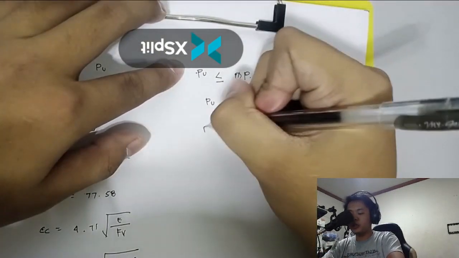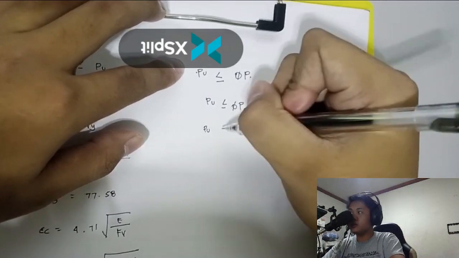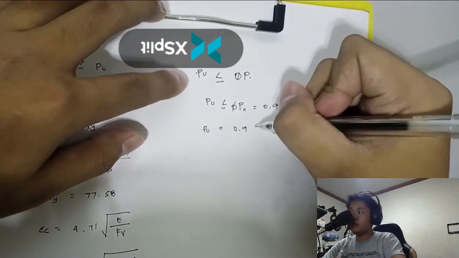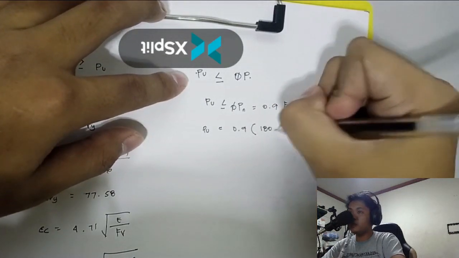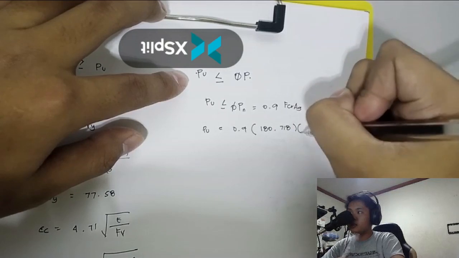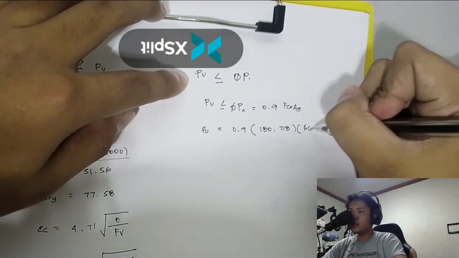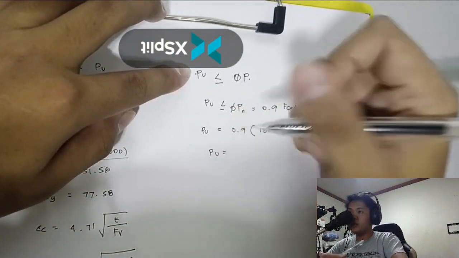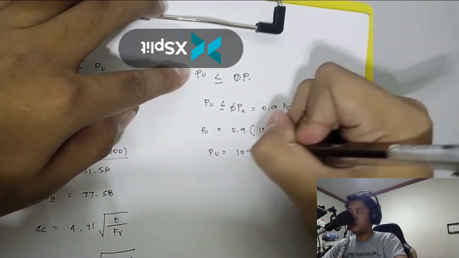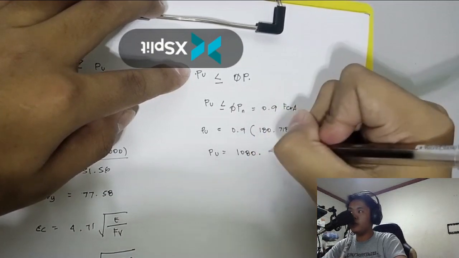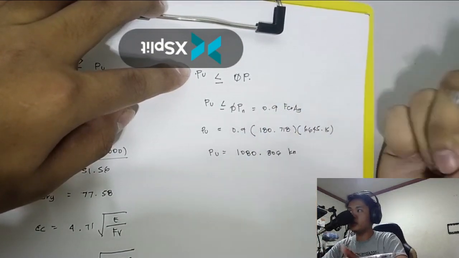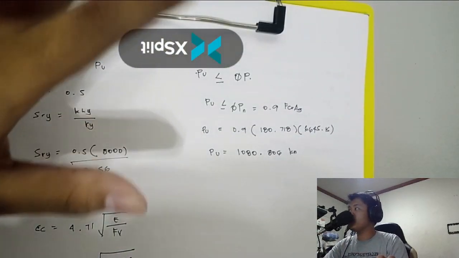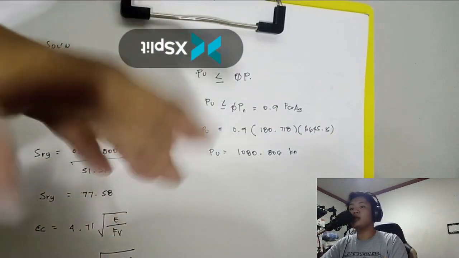So direct substitution lang din. So ultimate axial load is equal to 0.9, FCR natin is 180.718, multiply by the area na 6,645.15. So may makukuha tayo na ultimate axial load na 1,080.806 kilonewton. So ito yung ginamit natin and ito yung way na pag-solve para sa both ends are fixed.